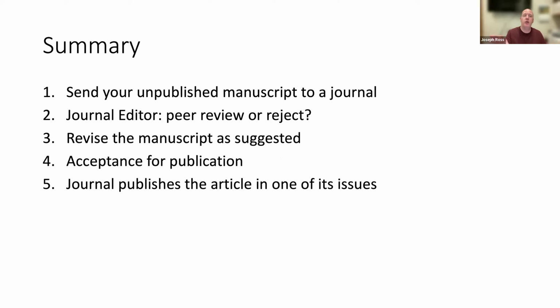Or do they say, yes, we'll send it for peer review? Peer reviewers then will advise the journal editor. They could accept it as is, which is really, really rare, or accept it with revisions, meaning they encourage the authors to fix some problems that the peer reviewers identified, or the reviewers could advise the editor to just reject it. So ideally, the reviewers say the authors should revise the manuscript.